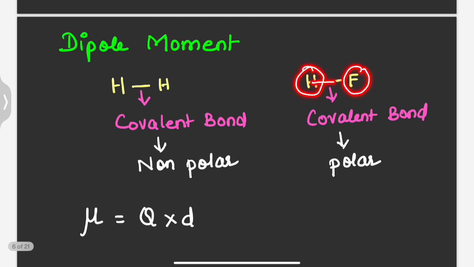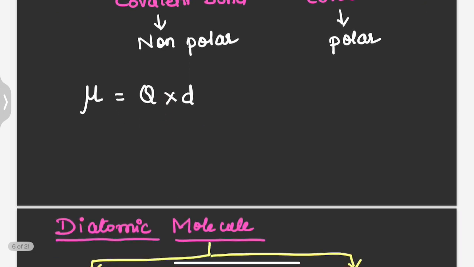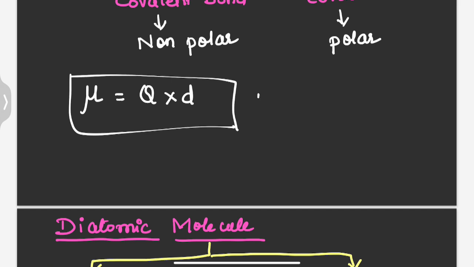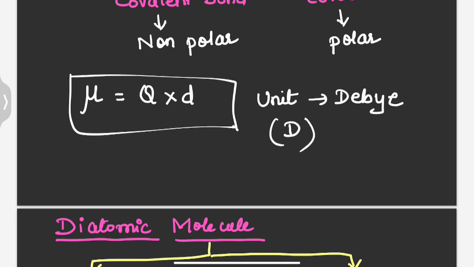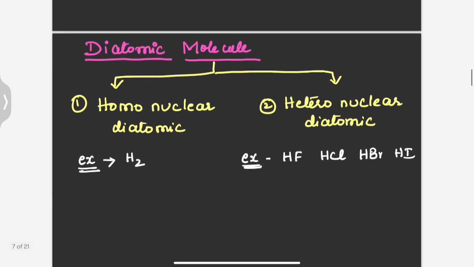The distance between the centers of the positive ion and negative ion is called d. The product of charge into distance is called dipole moment and it has a unit. The unit is called Debye, represented by capital D. So this is called dipole moment.